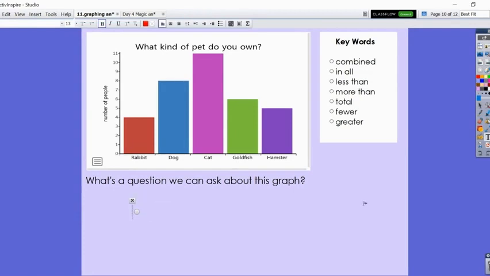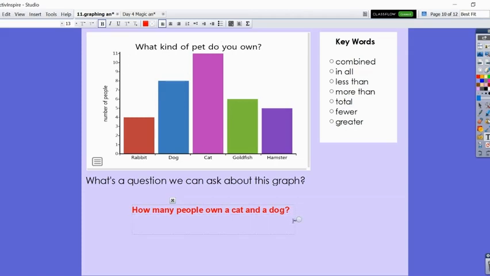I would ask, how many people own a cat and a dog? Then we would go ahead and add up the dog and the cat. The dog is about 8, the cat is about 11, so 11 plus 8 is 19.